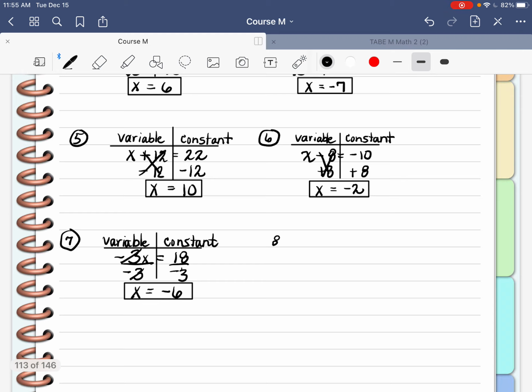Number 8. 5x equals negative 45. This is one-step multiplication. Variable on the left, constant on the right. Divide both sides by the coefficient 5. So we have x is negative 9.